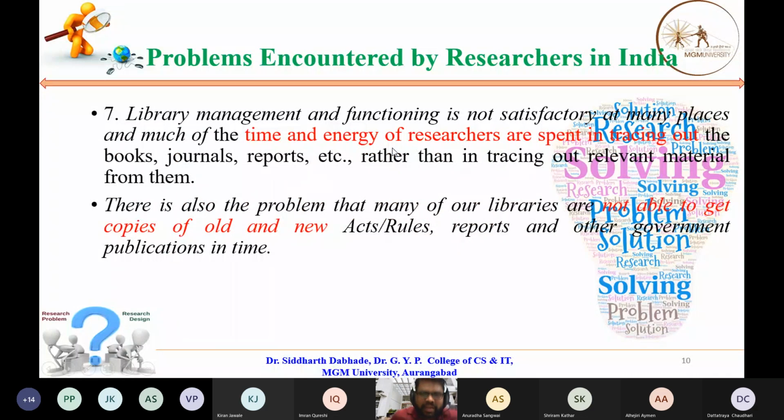I want to give one of my examples. Before joining this MGM University, I gave an interview at one of the very famous, reputed and oldest engineering colleges, located in Mumbai.